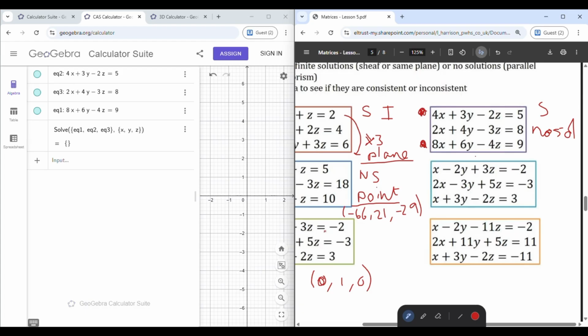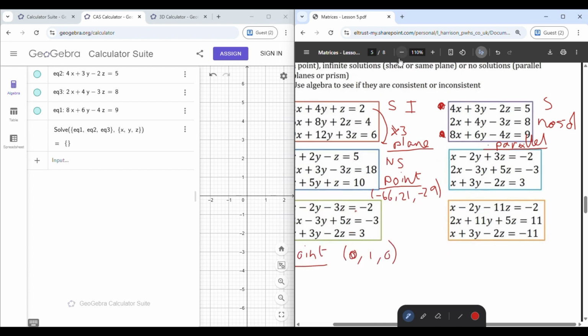So here we've got parallel. So no solutions, and because one equation is parallel to another, they would be parallel to each other. Trying to write that in as neatly as I can.